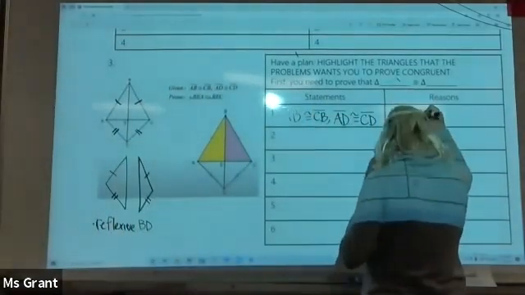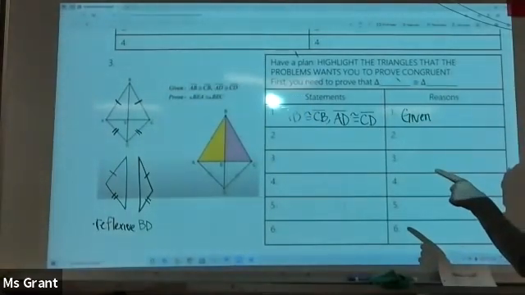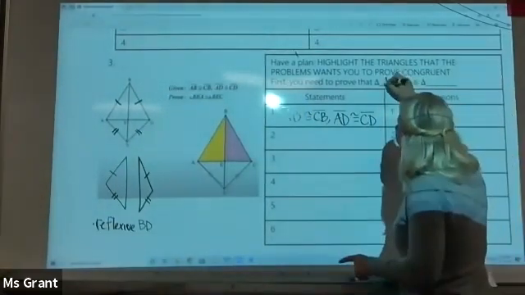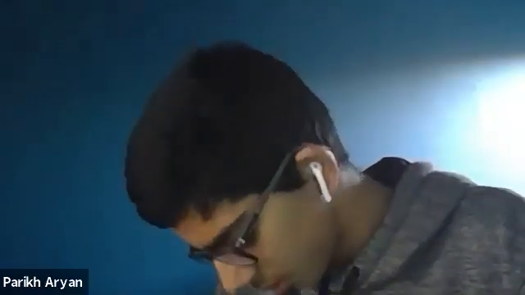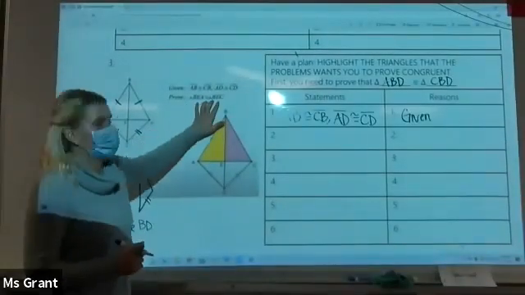So first prove ABD. Miss Grant, instead of being BD, shouldn't it be BE because it's BEA and BEC? It should not. That's the end game.